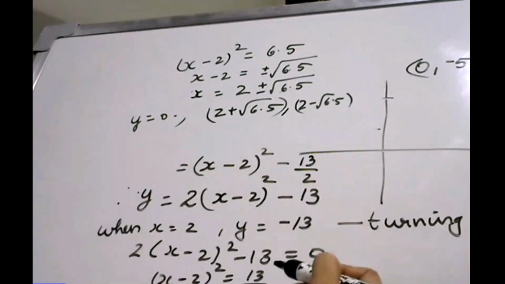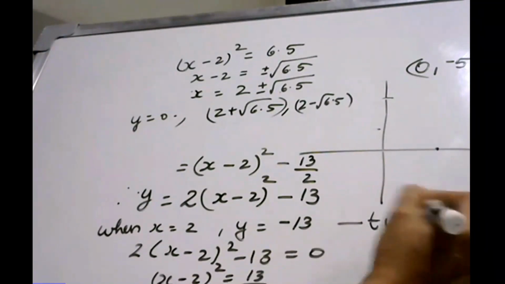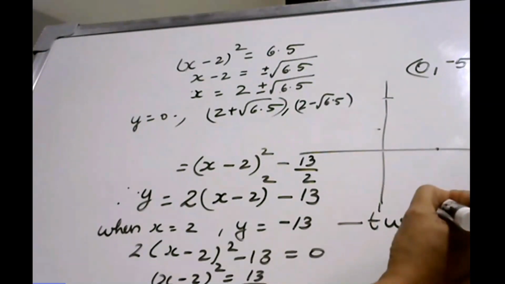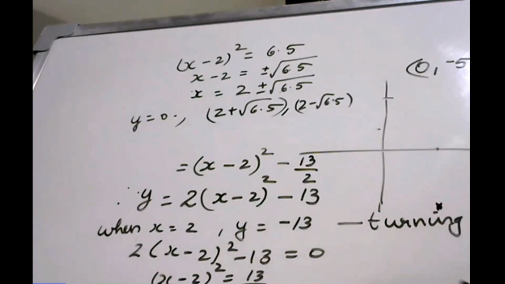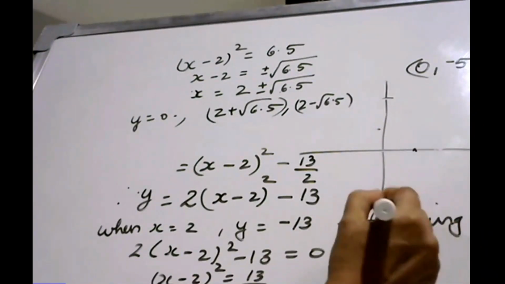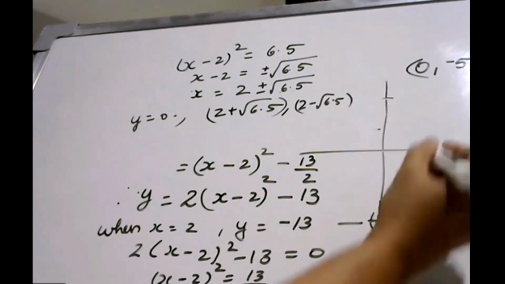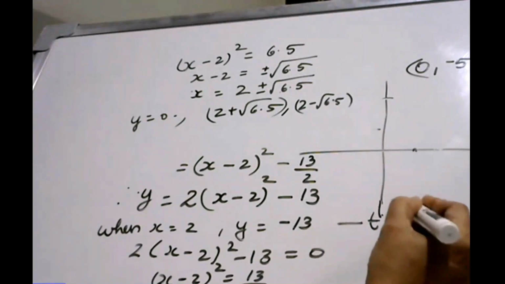The curve will be like this. The turning point is, suppose here, 2, negative 13. So that is the coordinate. Suppose here it is. Not that much. Somewhere over here. So this is the turning point.